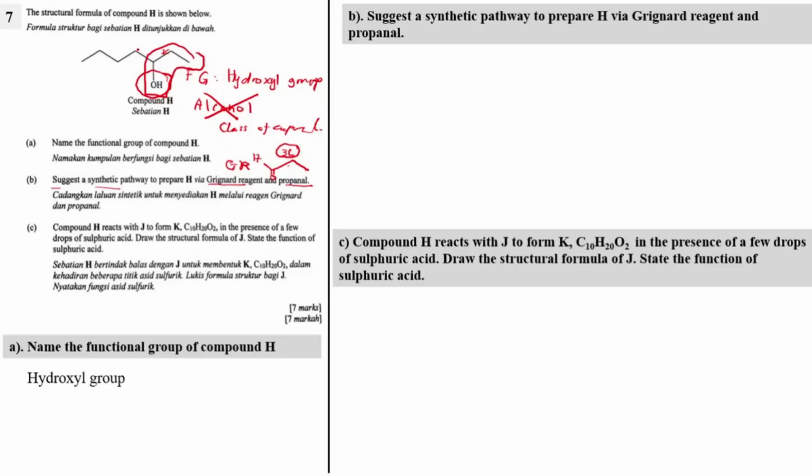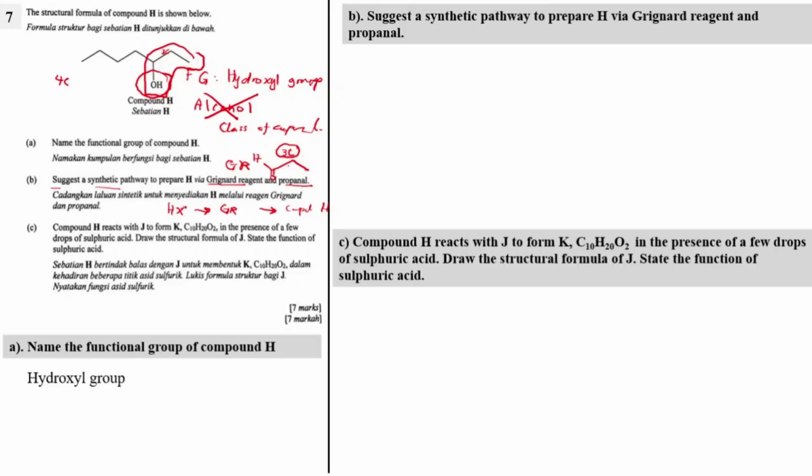And the balance, 1, 2, 3, 4 carbons, will be used to make the Grignard reagent. The Grignard reagent comes from haloalkane, and then the Grignard reagent can react with propanal in order to produce the alcohol, which is the compound H. So that's the idea.